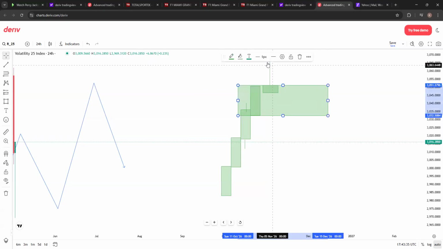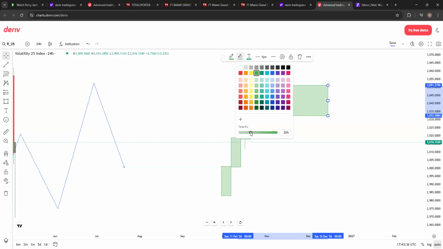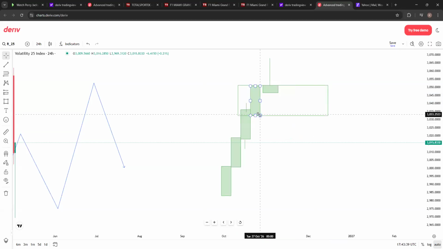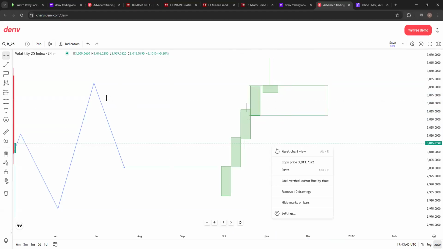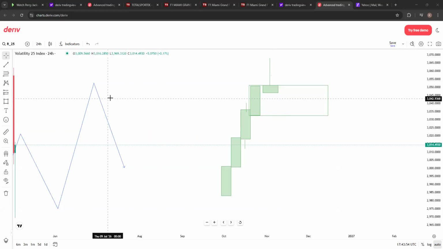At the end of the day, you're going to have a box that looks like this. What it leaves you with is a range, from the top of the box down to here. This is the range that we are most interested in, right?